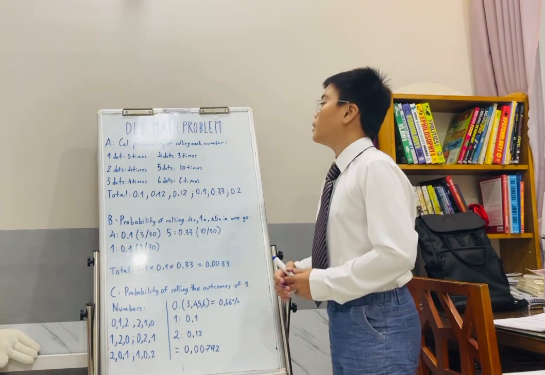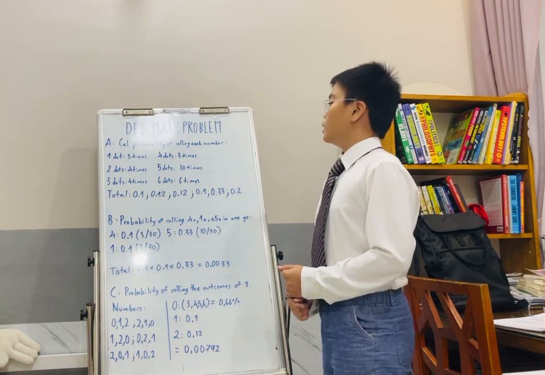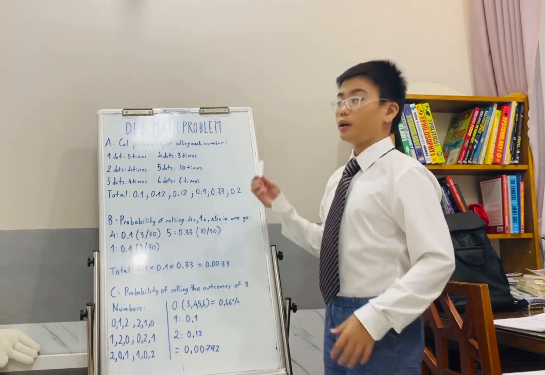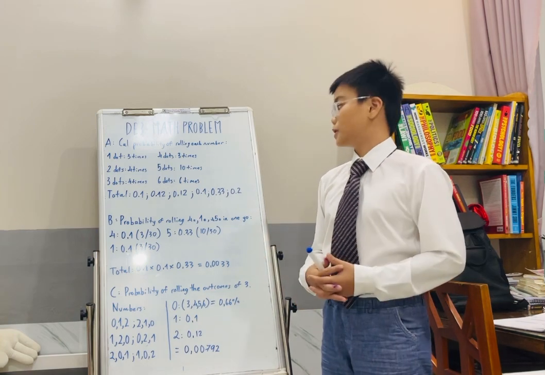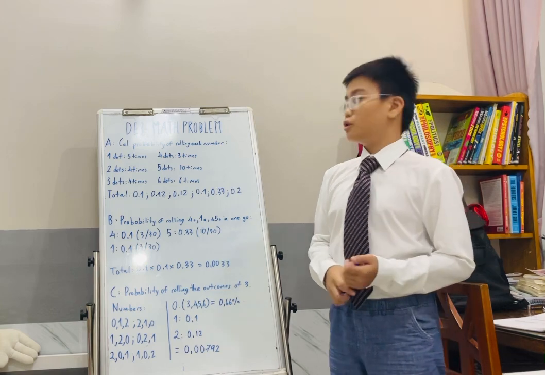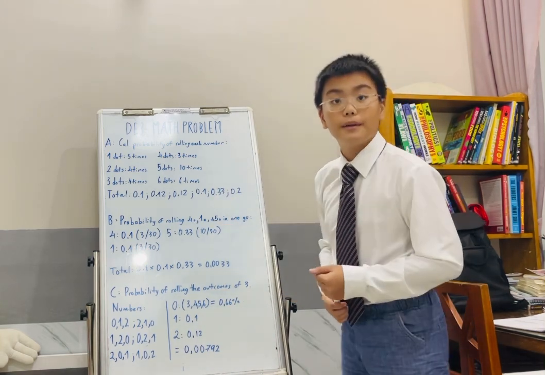The first one is calculating the probability of rolling each number. We do not write in percentage because this would give us less than 100%. Instead we write like this in order to add it up to 30 or just some part of 30.